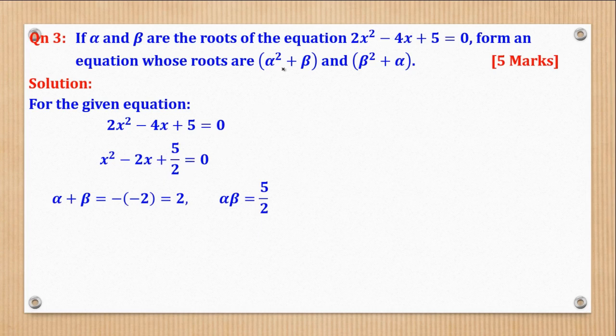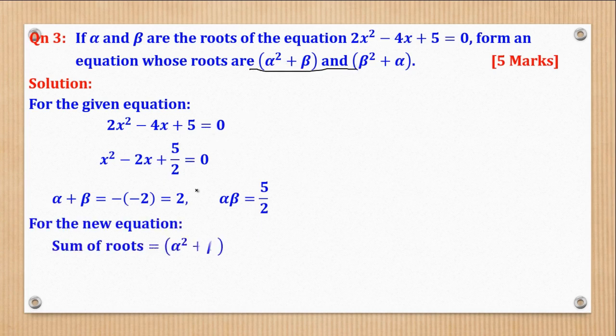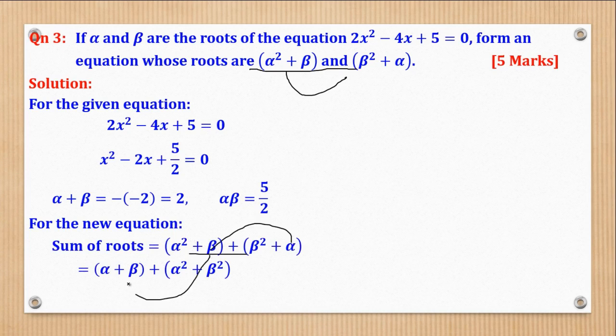Okay. Then we can go back to the new roots given. Get the sum of the new roots. So for the new equation, the sum will be this plus this, which is here. Rearrange, get this and this to put there, and this with the powers to give you that. Then I think you remember the expression of alpha squared plus beta squared.